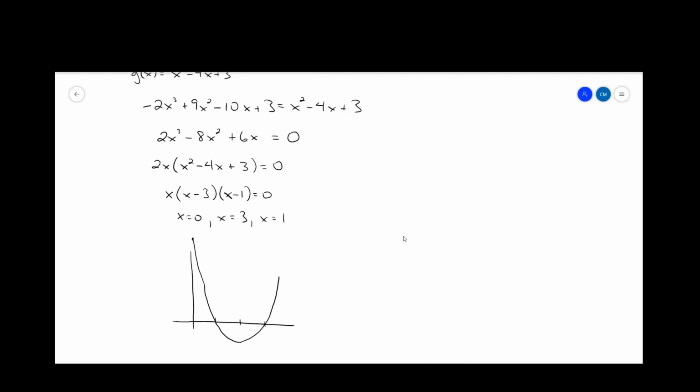And we probably want to graph this to about 3, so let's see what it looks like. All right, cool. So I guess, if I'm seeing this correctly, the cubic is going to do something like this.